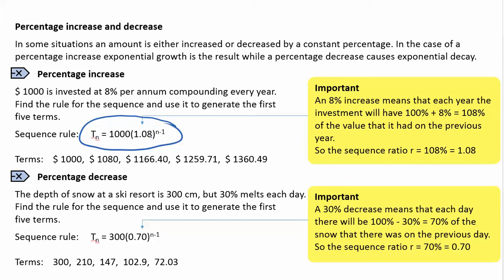But when we're looking at a decrease, that'll be 100 take 30, or 0.70, when we write it as a decimal. Now, to do these questions, it's quite often easier just to write out the expression and then put it directly into your calculator.